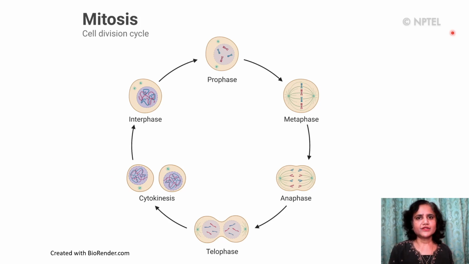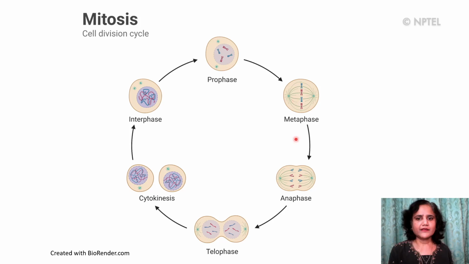The main stages of M phase or mitosis are depicted here. Prophase is the phase where the chromosomes start condensing, so you can start seeing the condensed chromosomes. In metaphase, all these chromosomes are at the equator. They are arranged at this plane, and they're also attached to the spindle microtubules, which are shown in green.